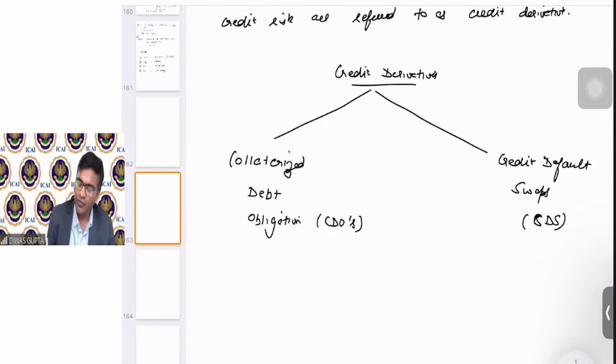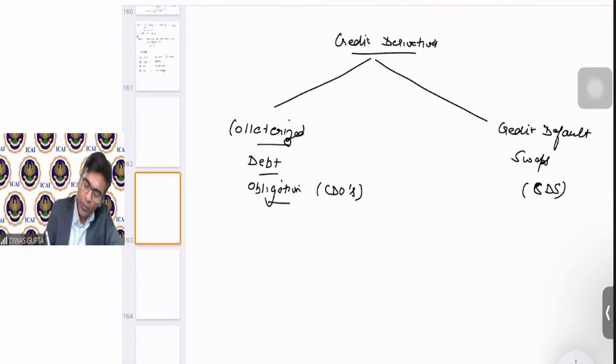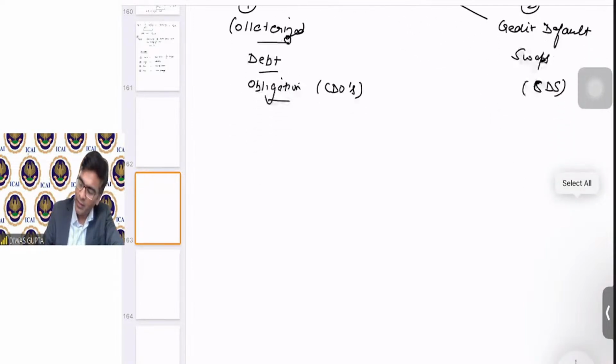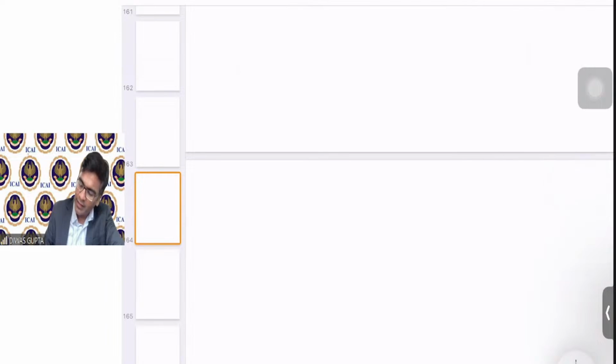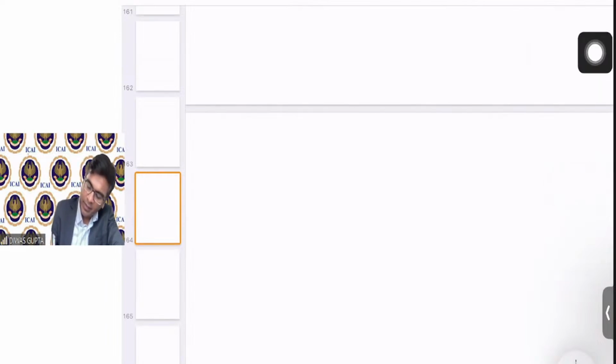First of all, on collateralized debt obligation, students, I would want all of you to please recollect our securitization knowledge. In securitization, there is an originator. Let's say here is SPV, here is originator, and here there was a borrower.